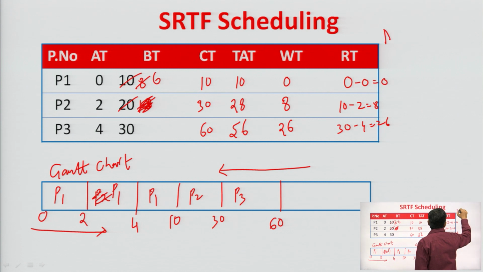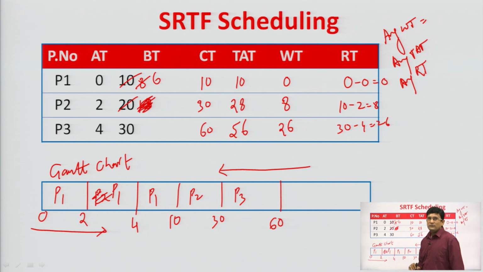In case you want to find the average waiting time, average turnaround time, and average response time: the average waiting time means the sum of all the waiting times. So 0 plus 8 plus 26 is 34, and 34 divided by 3, because the total number of processes is 3. The average turnaround time means 10 plus 28 plus 56, which is 94, so 94 divided by 3.